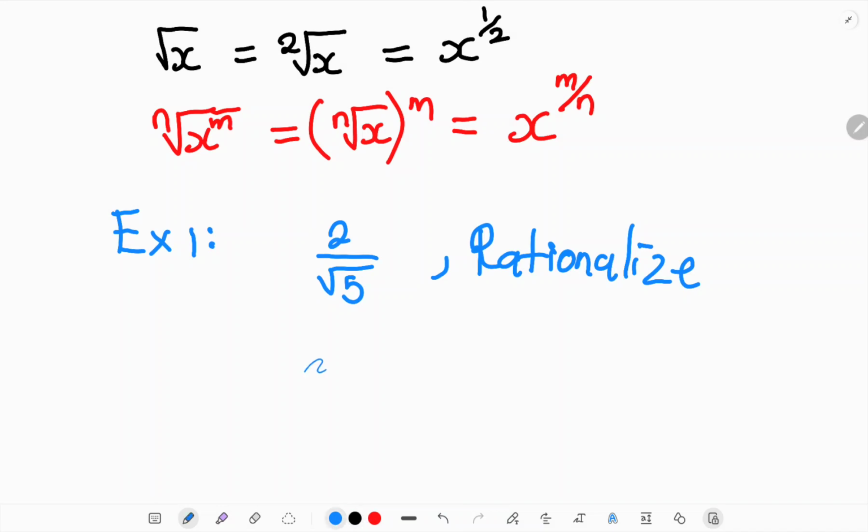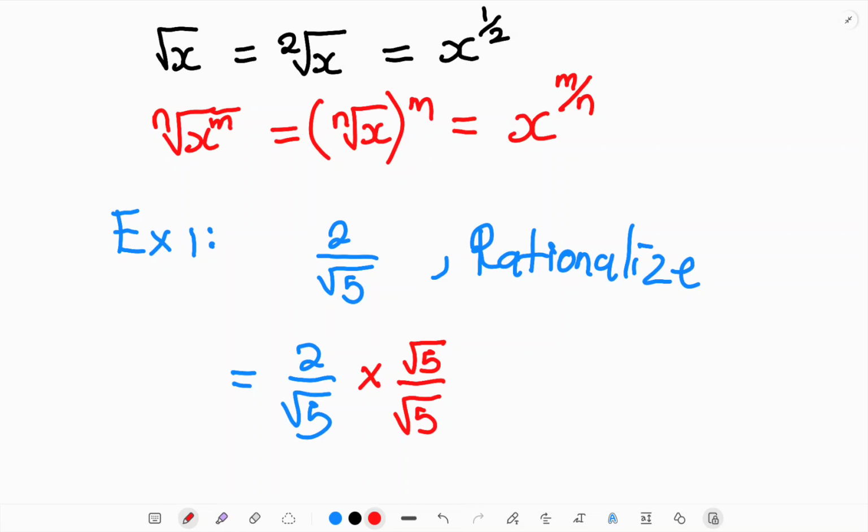So what is a convenient form of 1 that we can multiply by in order to remove the radical on the denominator? In this case, we're going to multiply by root of 5 over root of 5. We know that root of 5 divided by root of 5 is just 1, and anything multiplied by 1 is that thing.